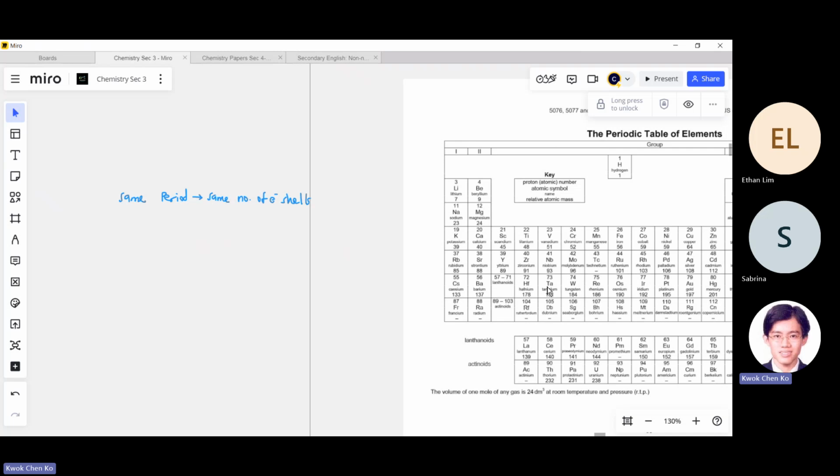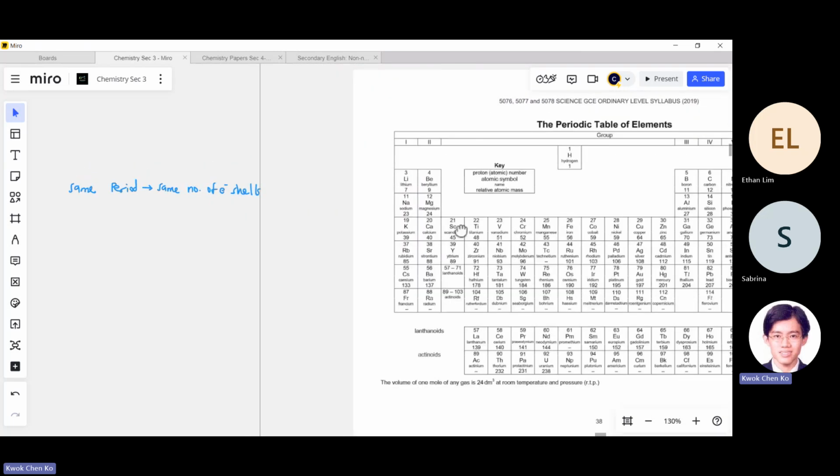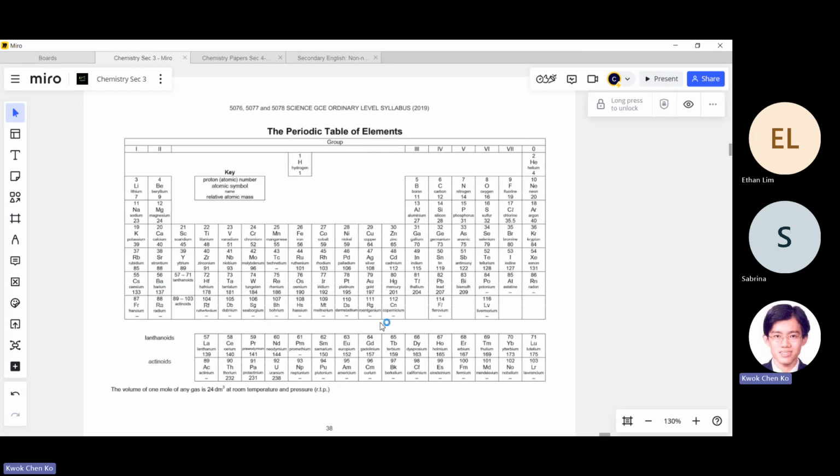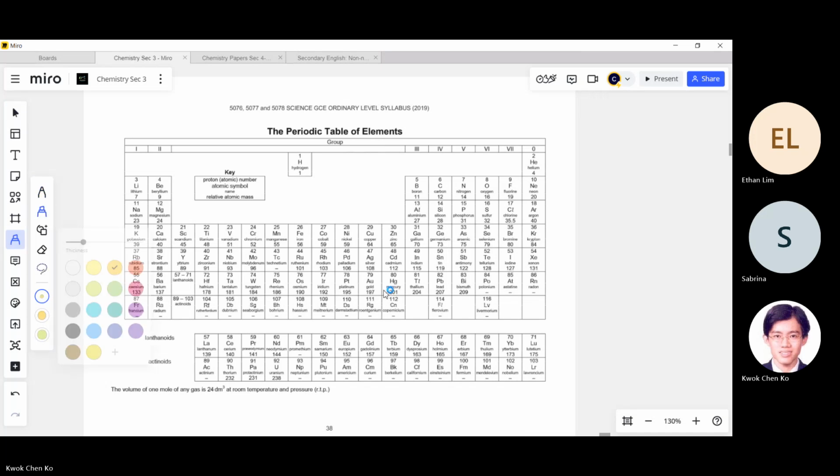Actually, I don't know whether you heard just now, I told them we are interested in groups 1, 17, 18, and this whole chunk there. What is this whole chunk here?